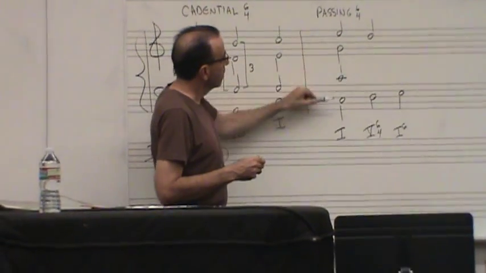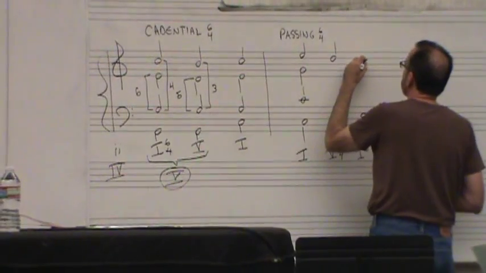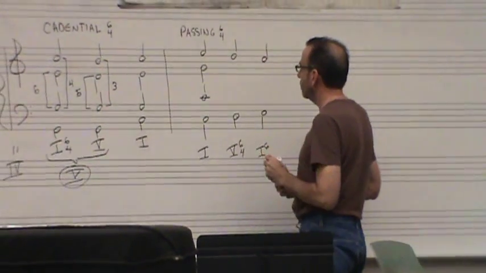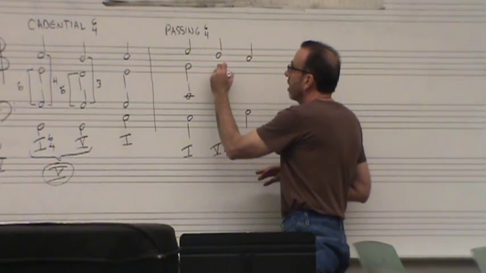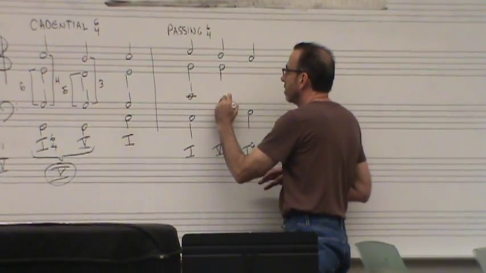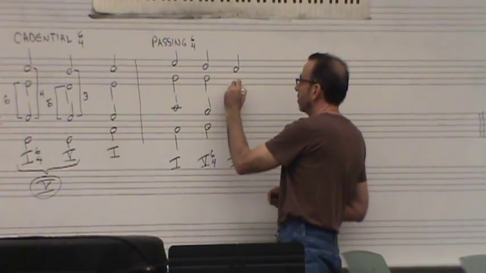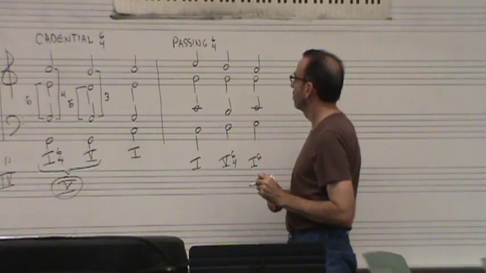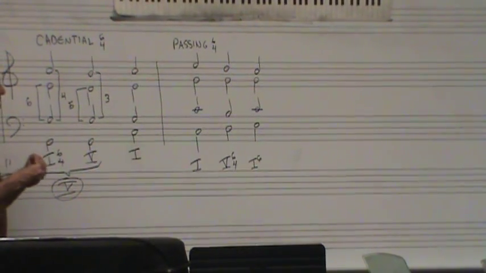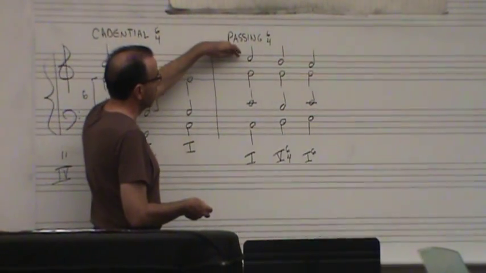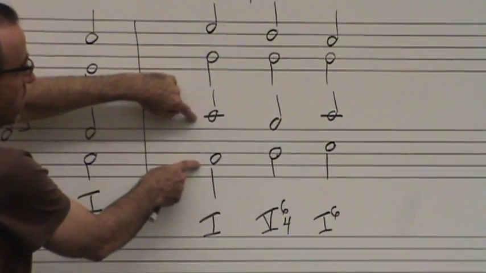Okay, so the bass moves up by step, the soprano line moves down by step, and so we have that nice counterpoint, then we can fill in other voices in between to get the kind of voicing that we want. See, so in this root position, we have the root doubled by the bass and the tenor.